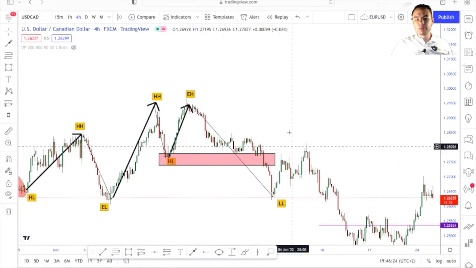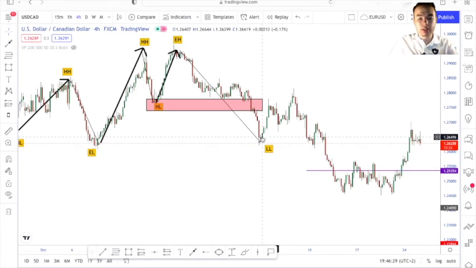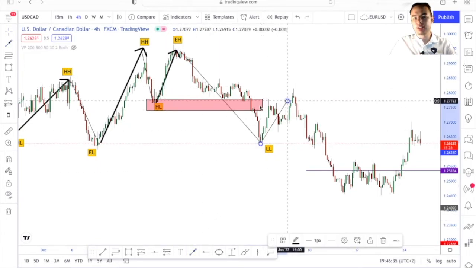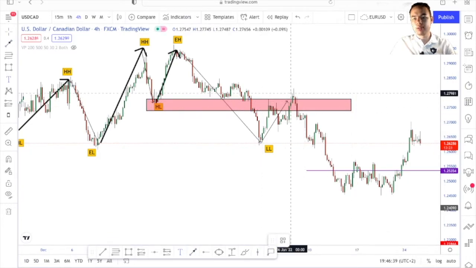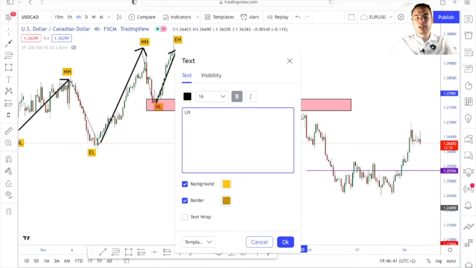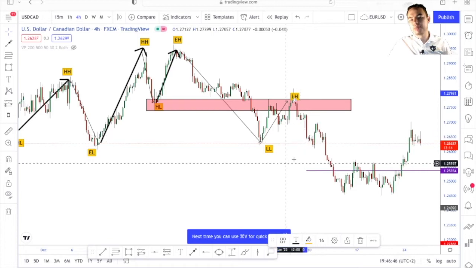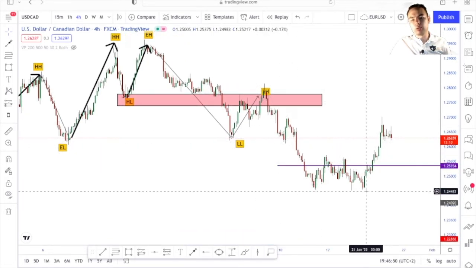So now you know you need to start looking, but not yet. What will happen is price will come up, retrace, testing this high as a lower high. And now this is where you start to look for sells, because now it's lower low, lower high, lower low, lower high, equal low.